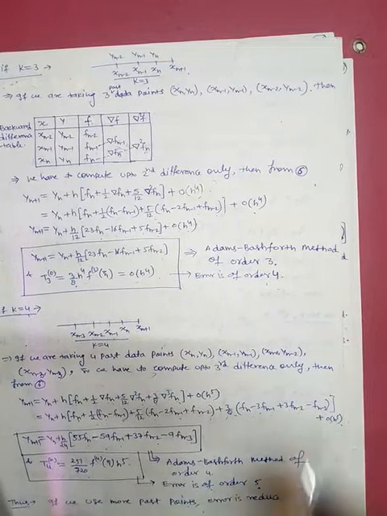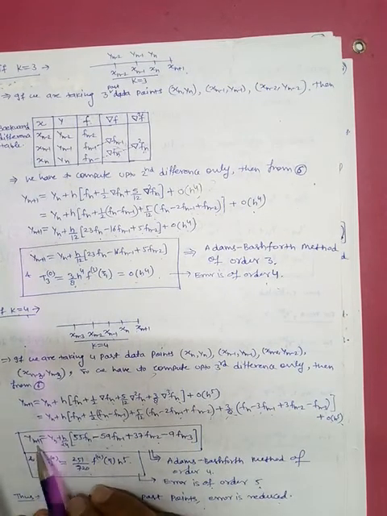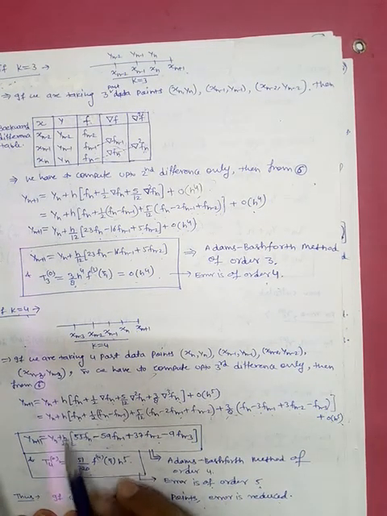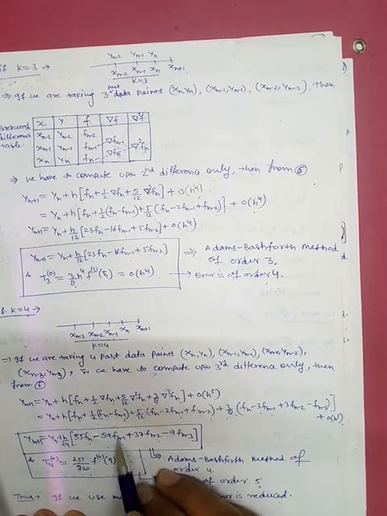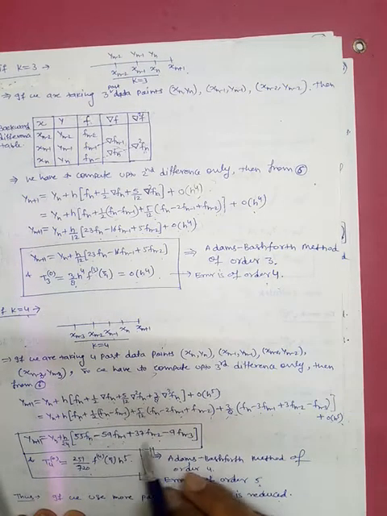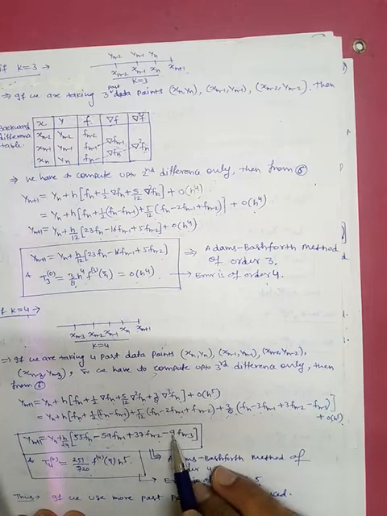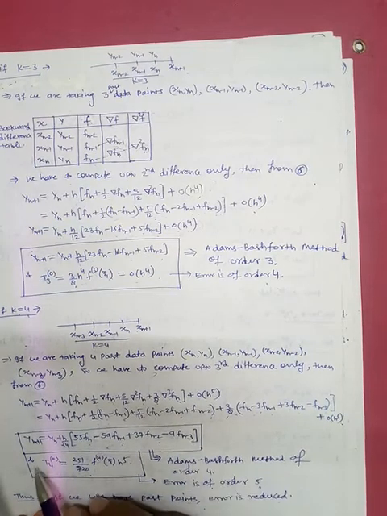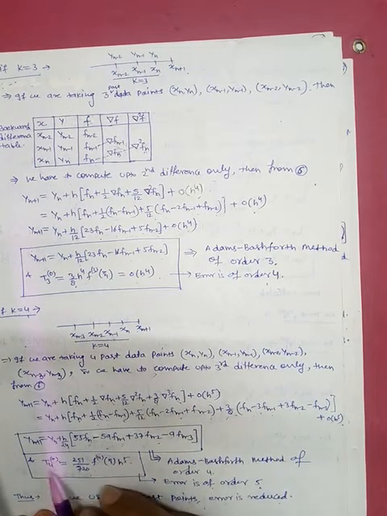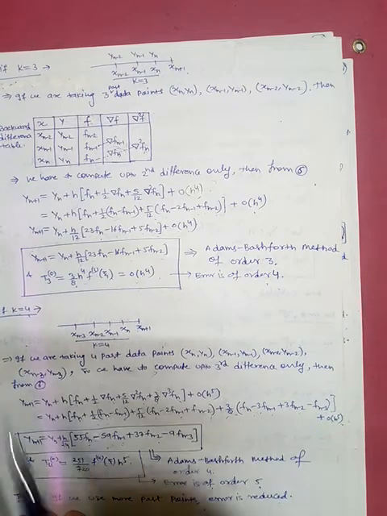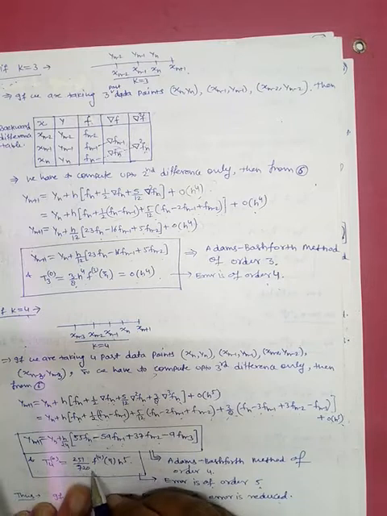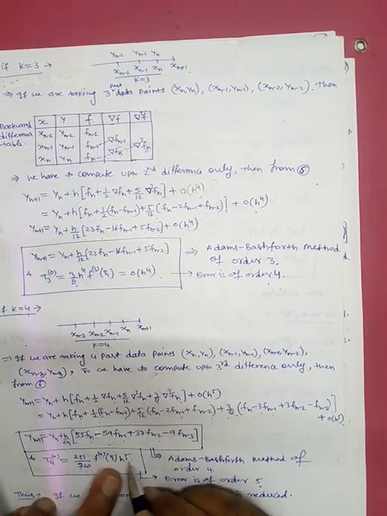So when you simplify, this will give you y_{n+1} is equal to y_n plus h by 24 (55 f_n minus 59 f_{n-1} plus 37 f_{n-2} minus 9 f_{n-3}), and this is the error term, the truncation error, that's why it is denoted by T: 251/720 f^(4)(xi) h raised to the power 5.